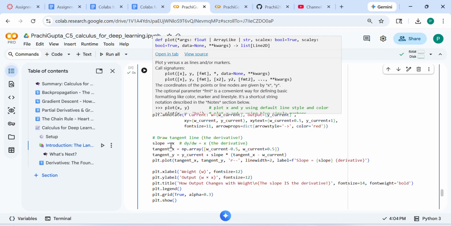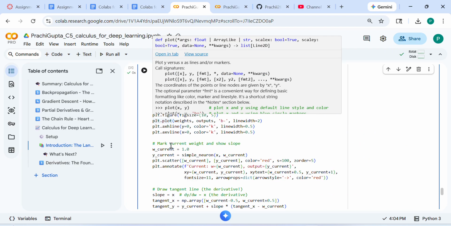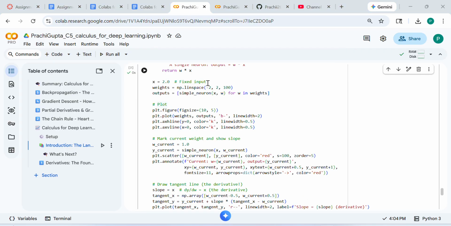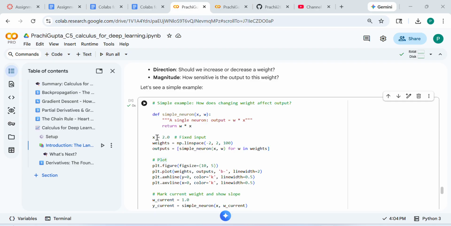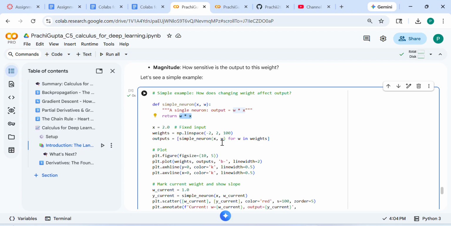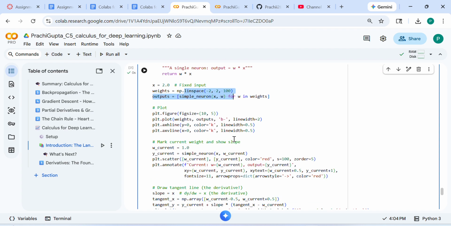So the output is w times x. We pick one input x and try many different values of the weight w, and by plotting the output versus weight, it shows that if you change the weight, the output also changes.